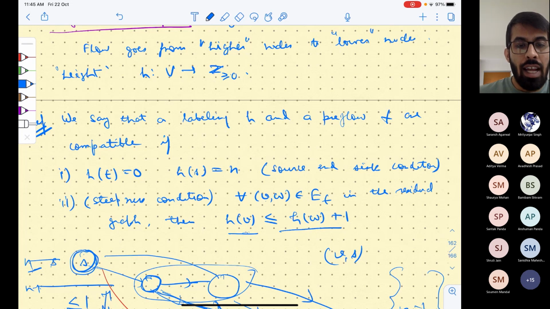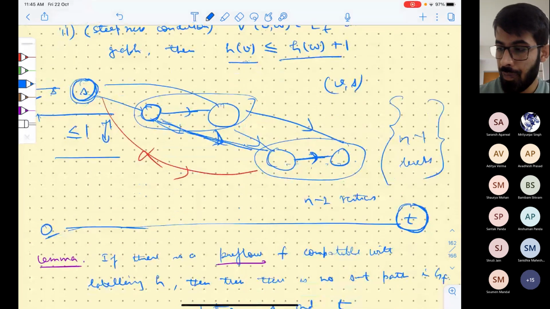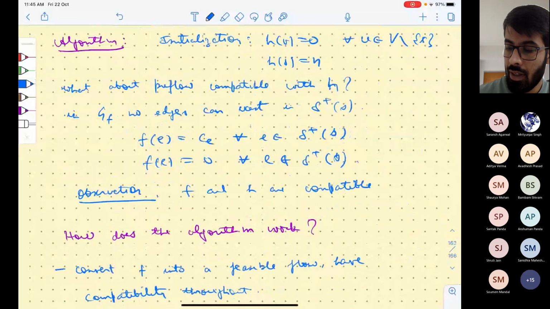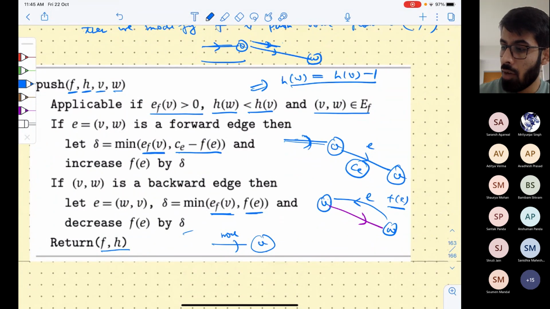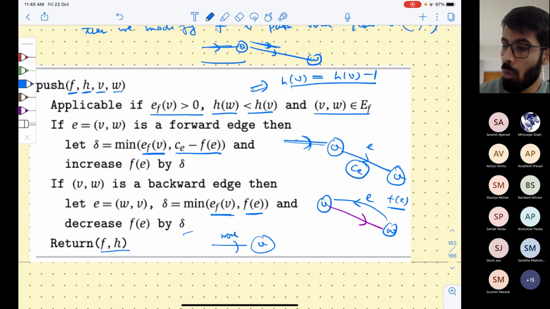So it is only in one direction, the inequality. It does not have to hold the other way around. So you can have backward edges, from bottom to up, which jump. That is fine. But from up to bottom, you cannot have edges that are jumping.